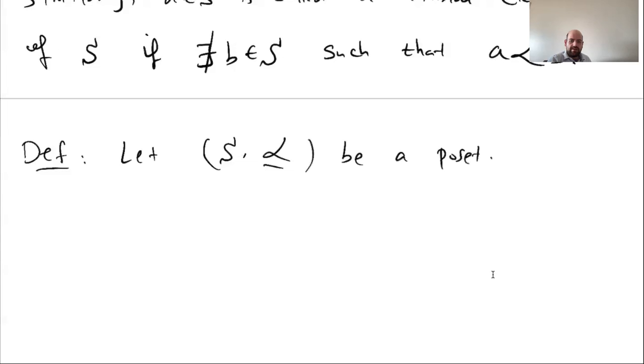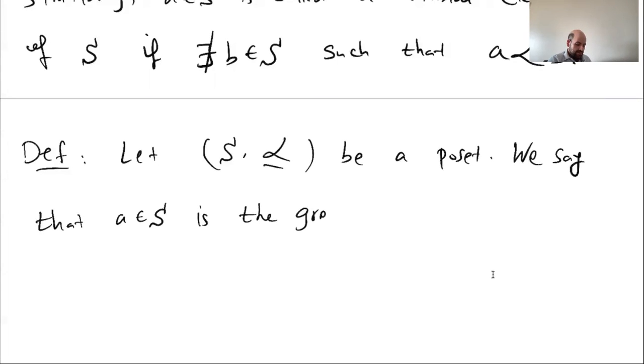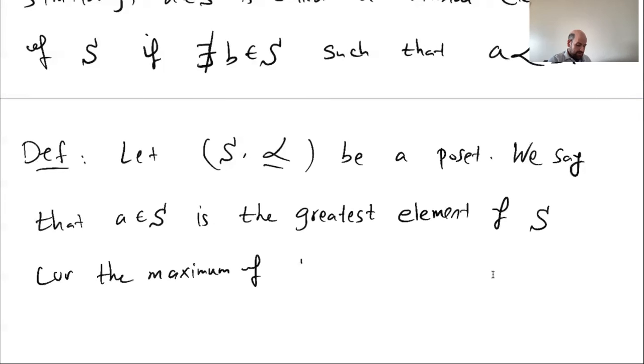We say that A belonging to S is the greatest element of S, also called the maximum of S, if B is less than or equal to A for every B in S. If A is the highest element, meaning that everything is less than or equal to A for every element of S, then it's called the greatest element or the maximum of the set.